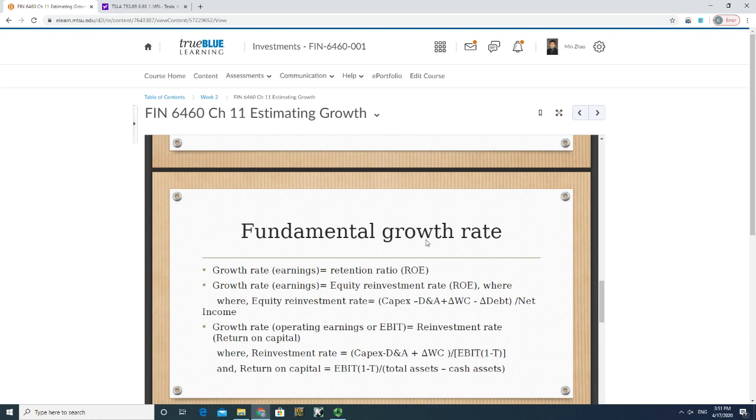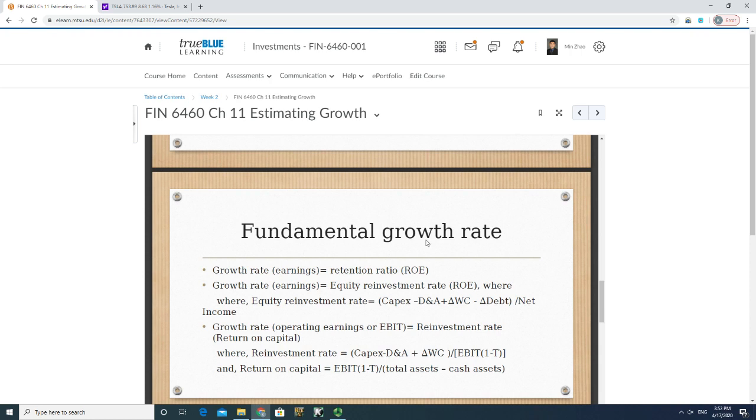And this is a general equation that investors can utilize, but in this class I can tell you that this is an okay equation, but not the best equation. The best equation is to look at the real reinvestment the company is going to conduct in the future to get a more realistic and a good estimation of the growth.